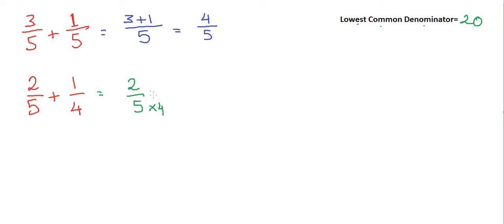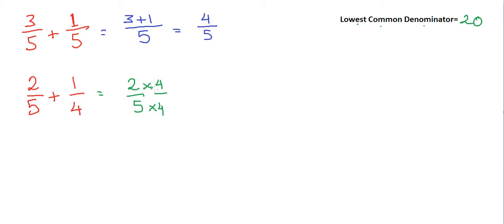Now, what we do to the bottom, we have to do to the top. You might have heard that rule before. The reason for this is we're technically multiplying this number by 1. 4 divided by 4 is 1. So we're basically multiplying this number by 1, but we do get a different fraction. We find an equivalent fraction. So that's why what you do to the bottom, you have to do to the top.